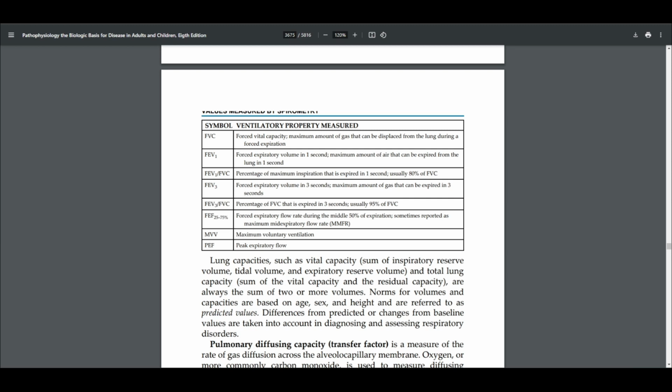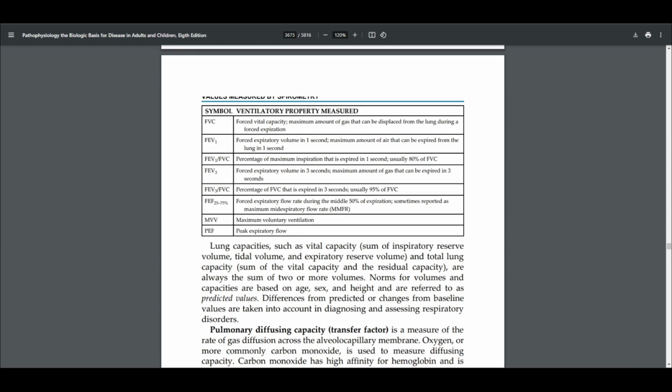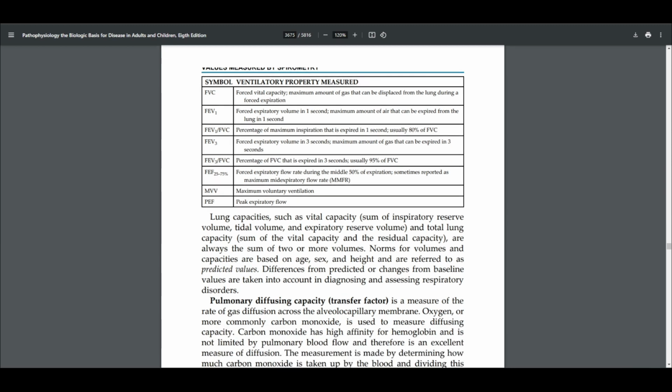So here we have some symbols of ventilatory property measures. Your FVC, that forced vital capacity, your FEV1, your forced expiratory volume in 1 second. Then you have the measurement, that percentage of maximum inspired that is expired in 1 second, is usually 80%. Your FEV3, that's the forced expiratory volume in 3 seconds.